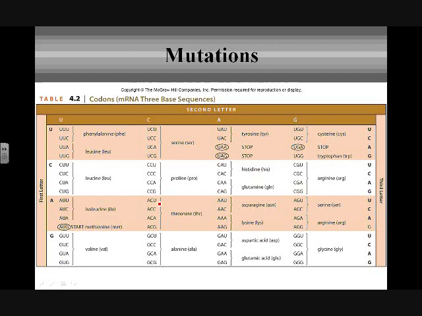What I mean by that is if we look here, all right, at this section of our table for proline, it doesn't matter whether the genetic code says CCU for the codon, CCC, CCA, or CCG. So long as CC are the first two, they're all going to code for proline. Similar for threonine, leucine.